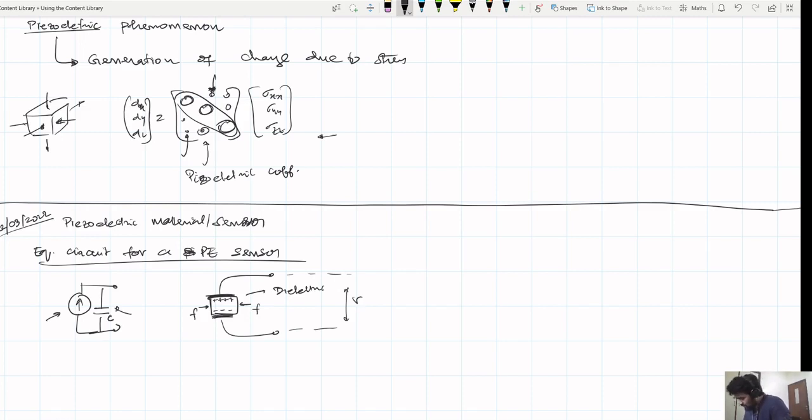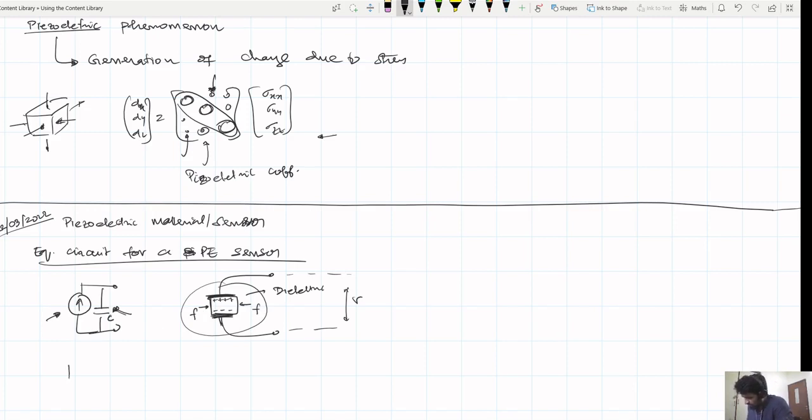Because you have two metallic plates separated by a dielectric, you in effect make this into a capacitor. So that's the reason why you have the capacitor here, which represents the two metal plates separated by your piezoelectric sensor. What about this current source?